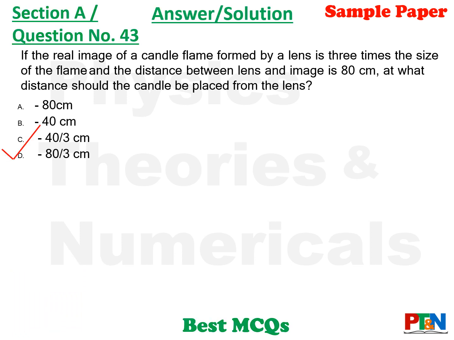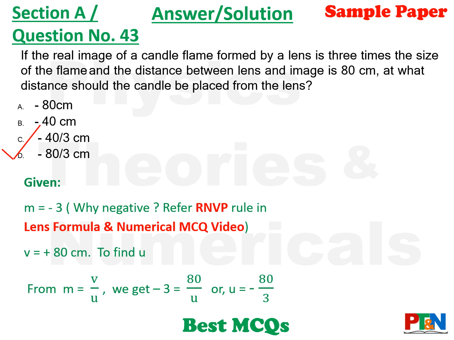The answer is option D, that is 80 by 3 centimeter. Let's see the calculation. See what is given. You have been given magnification, that is -3. Why negative? Please refer to the RNVP rule that we discussed in the previous video, lens formula and numerical. There we explained this RNVP rule.